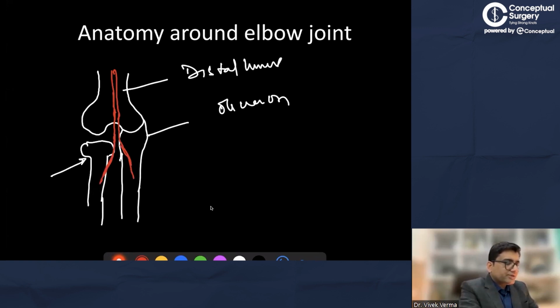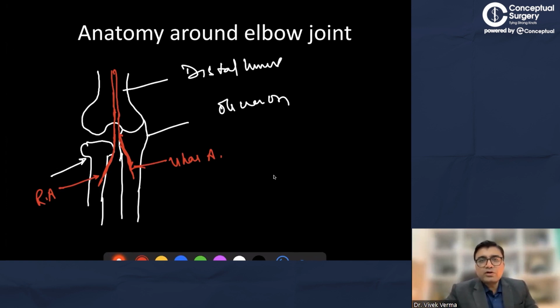Which are the two branches? Anybody volunteer? One will be the radial artery and one will be the ulnar artery.